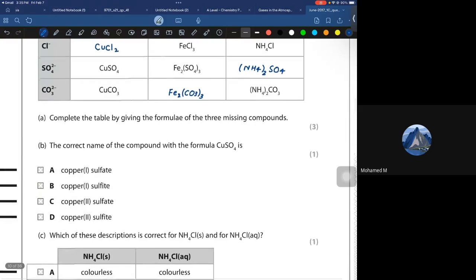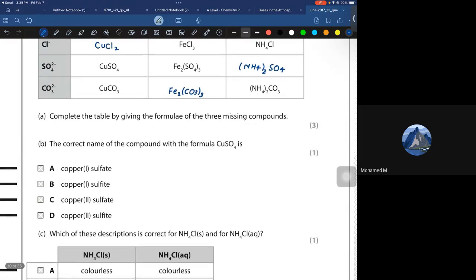The correct name of the compound with the formula CuSO4 is what? Copper 1 sulfate?